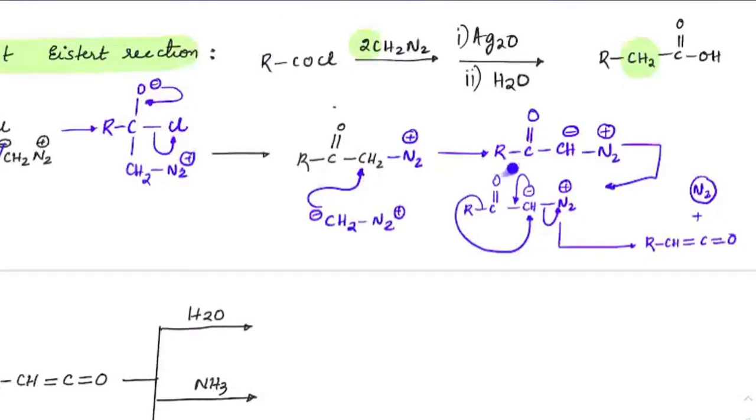So oxygen will make a bond with silver, and at lower temperature the Wolff rearrangement can be observed. R will get attached to this carbon, it will form a double bond, and C double bond O is formed. So Ag2O is not inserting oxygen anywhere; it is just helping like a catalyst here. Once you have the ketene formation, then on hydrolysis it will become acid. That is the whole idea of making acids using ketenes.